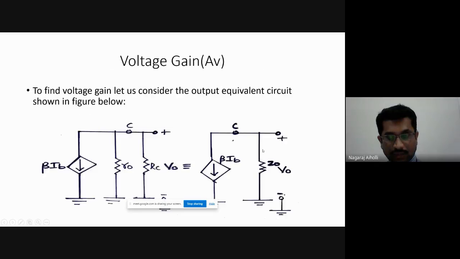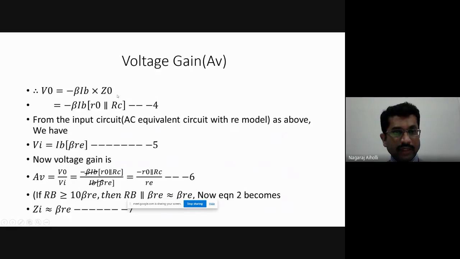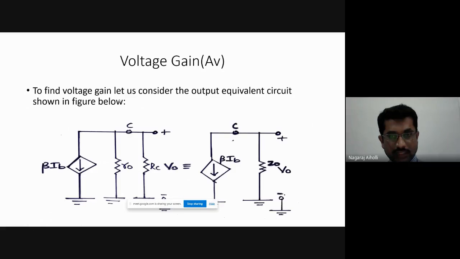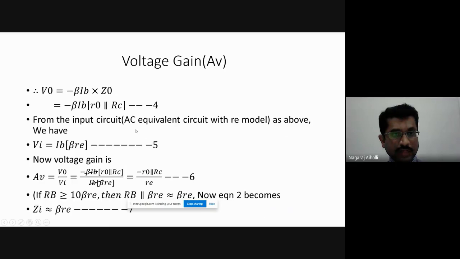Then Vo is minus beta Ib into Zo. Here it is minus because it is moving into the negative terminal, the ground terminal. So it is minus beta Ib into Zo, where Zo is ro parallel RC.